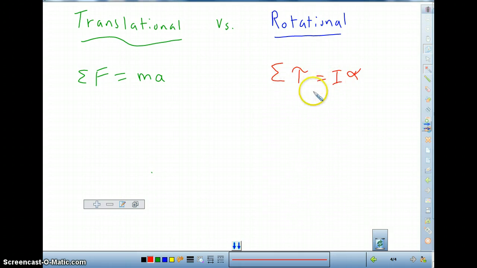Now, just like way back when, this seems like a small little equation, but it could explode into a much bigger problem because this is the sum of all torques, like the sum of all forces. There might be only one torque, there might be 5 torques, and we have to total them all up on this side.